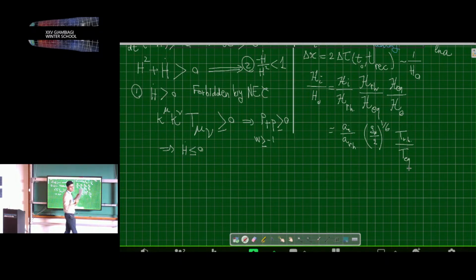And then H_equality divided by H naught is approximately the scale factor at equality to the power -1/2.